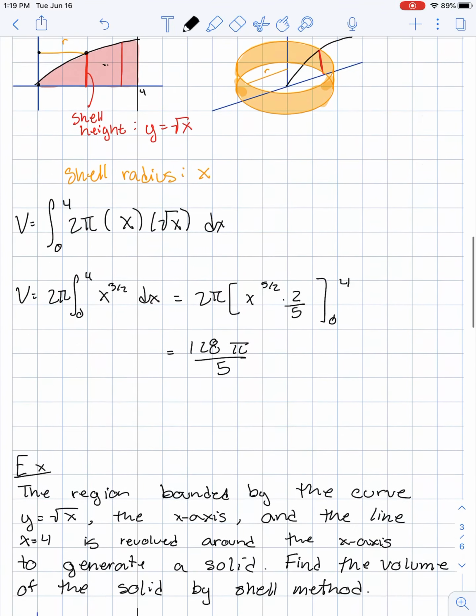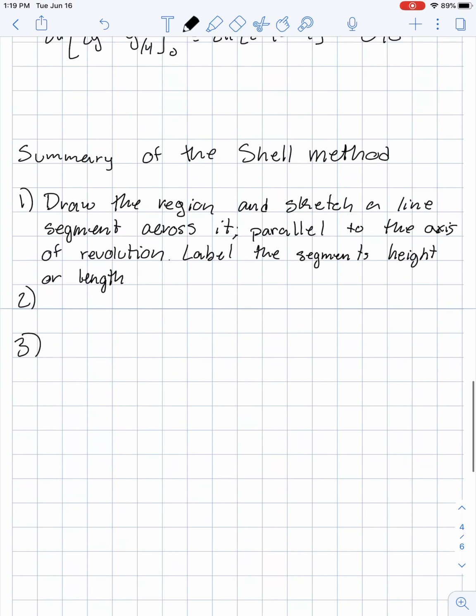Here it was my height. And I'm realizing these, I'm just gonna move them down. So I'm gonna label its height or length, height if it's parallel to the y-axis, and length if it's parallel to the x-axis. And I'm gonna call that shell height.